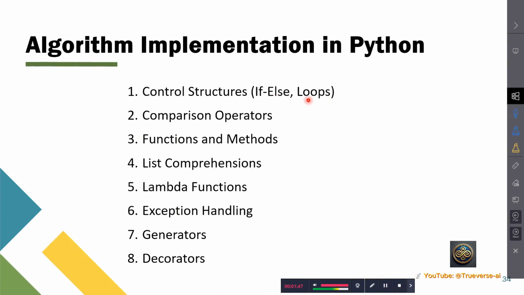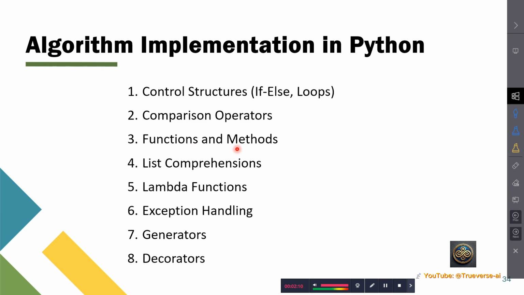Loops, one is the while loop, another is the for loop. So all of these are control structure. And comparison operations: equal, bigger than, smaller than. This is comparison operation.